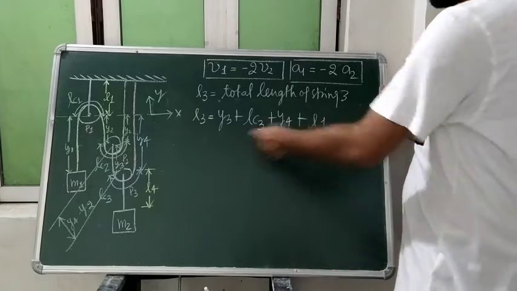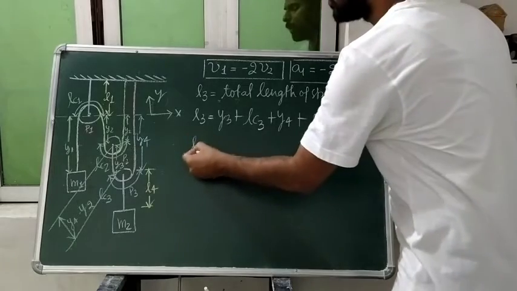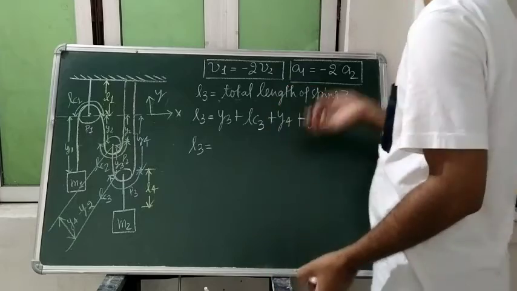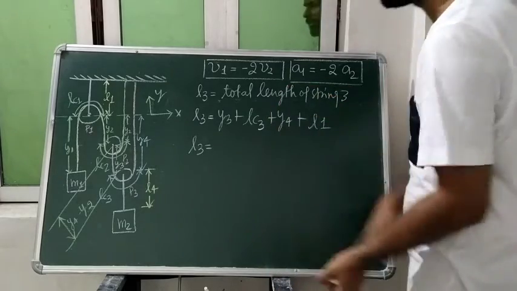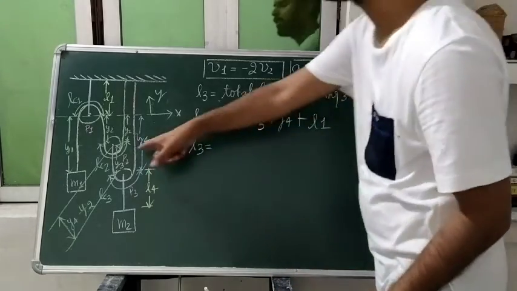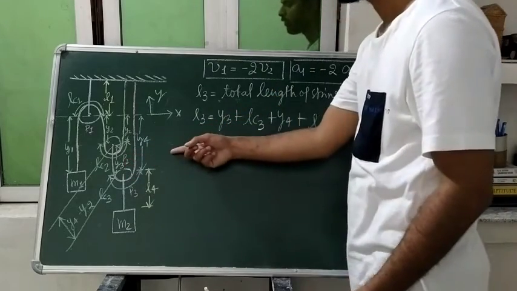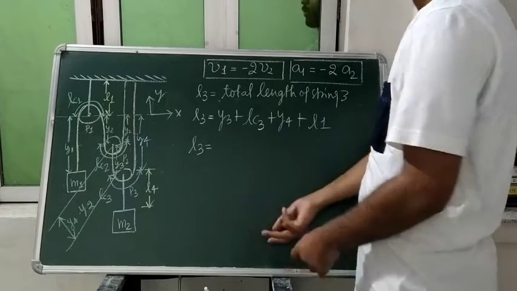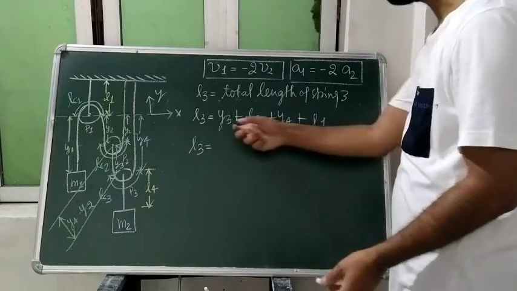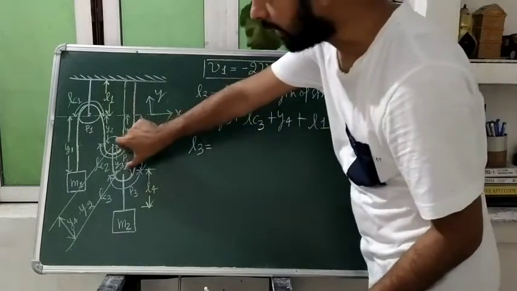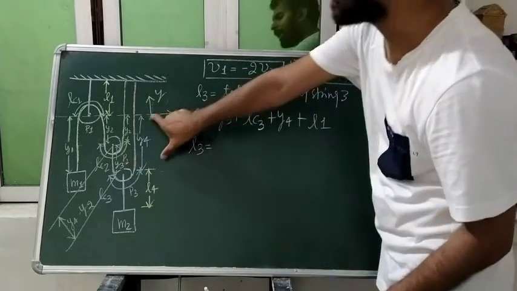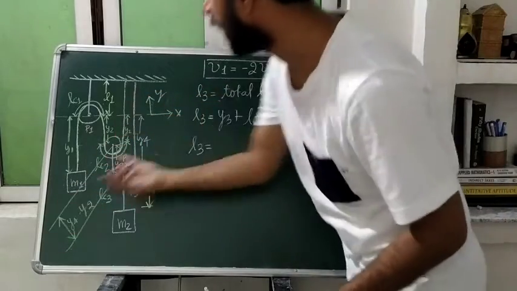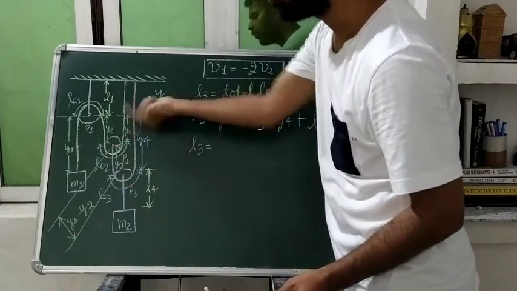After writing this, I want to tell you, student, that we will differentiate it to find the relation between y3 and y4. But both are unknowns. So one thing we can do is, in place of y3, write y4 minus y2. So y3 is y4 minus y2.